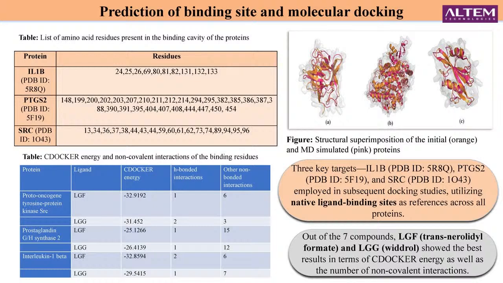Then we performed molecular docking of LGF and LGG with all the 3 proteins, and you can see the CDOCKER energy values and all the docking parameters, and this was done using Discovery Studio.